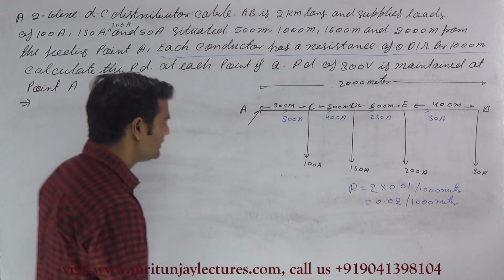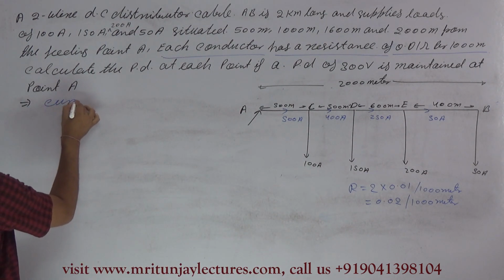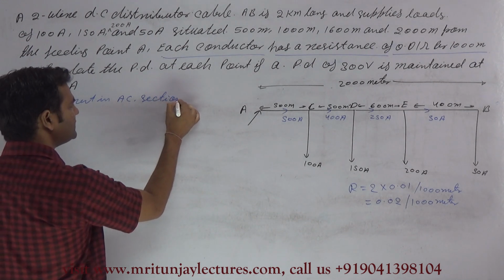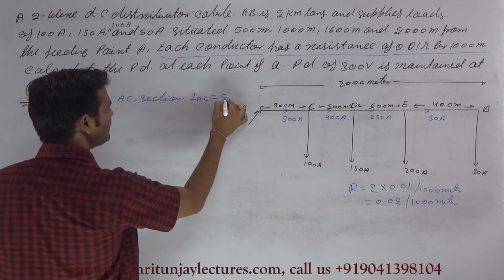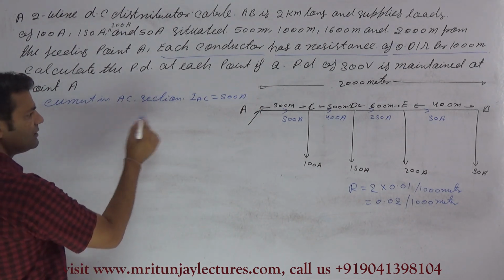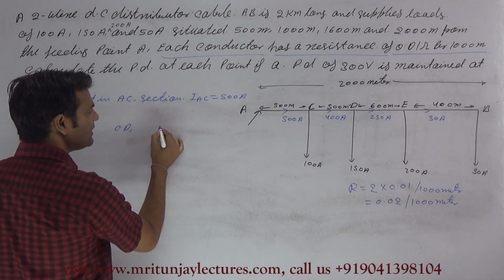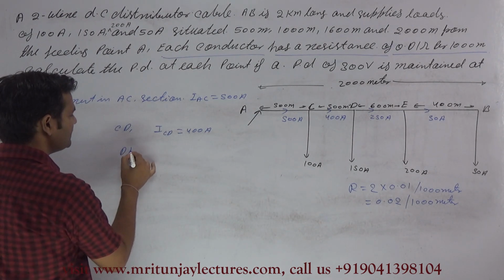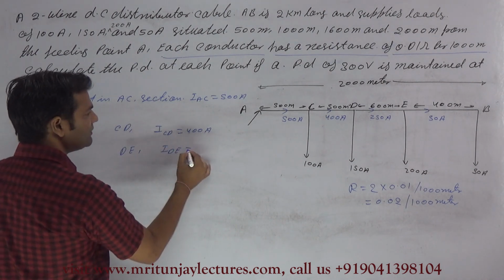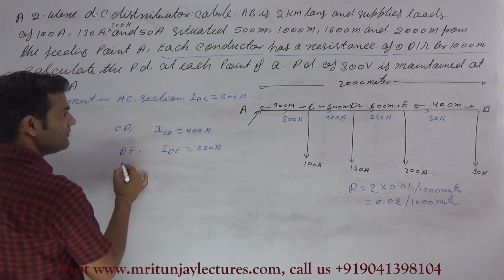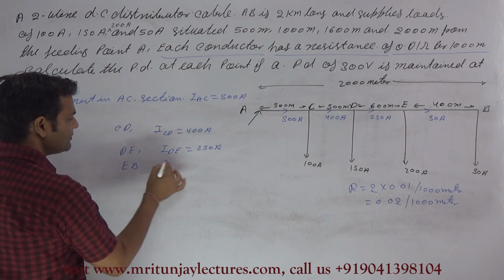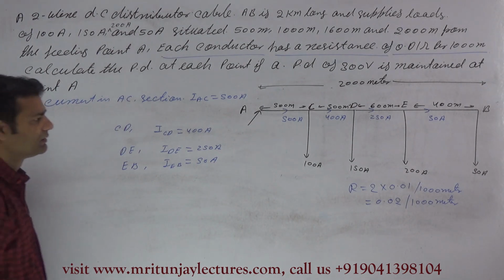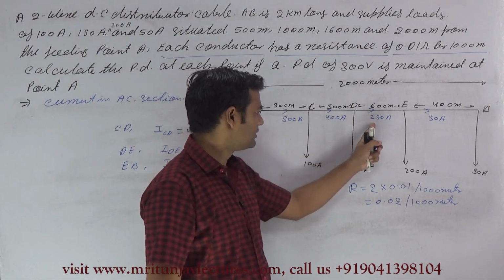So the current in the AC section, I of AC, is 500 ampere, in the CD section, I of CD, is 400 ampere, in the DE section, I of DE, is 250 ampere, and similarly in the EB section, I of EB, is 50 ampere. Clear? 500, 400, 250 and 50 ampere.